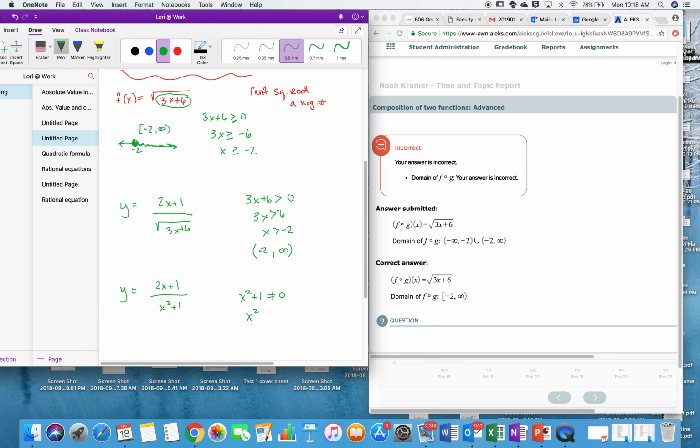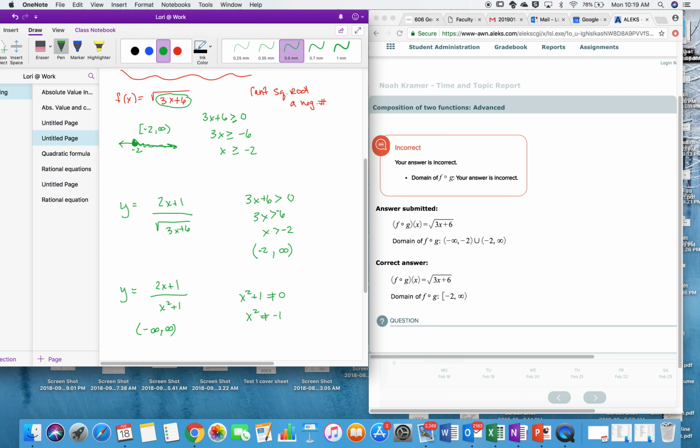So x squared can't be negative 1. x squared is never negative 1, because the x is being squared, regardless of what you substitute in, you're going to get a positive number, and you're going to add 1. This denominator will never be 0. So there's nothing to exclude from the domain. So the domain in that case would be all real numbers.